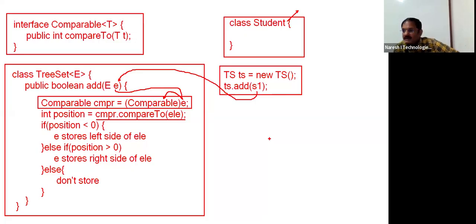Types of threads, daemon thread, non-daemon thread. After that, controlling thread execution: yield method, sleep method, join method. I didn't explain join, but yield and sleep I explained, I remember.